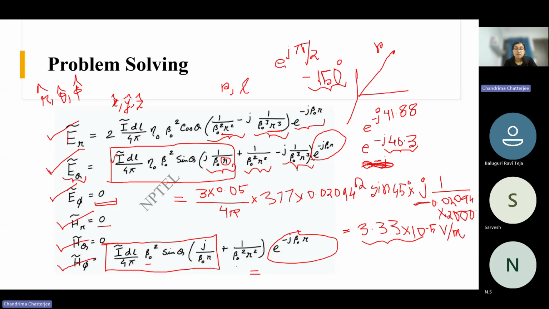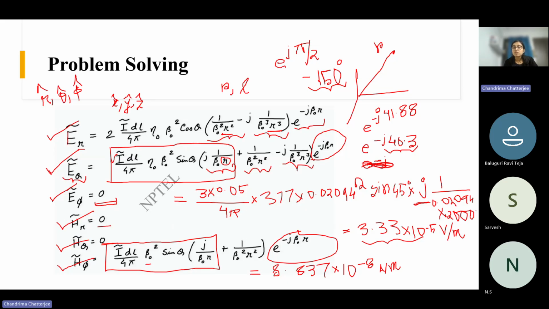So what I am getting is 8.837 into 10 power minus 8 ampere per meter. Convert it to microampere, so you have to multiply with 10 power 6, then 10 power minus 2 will be remaining.